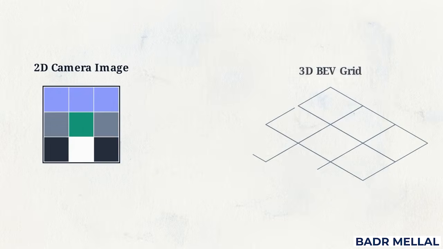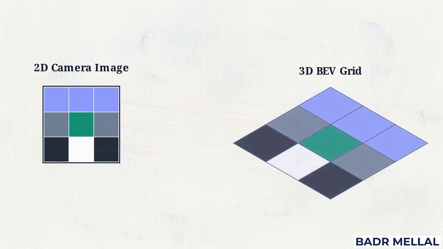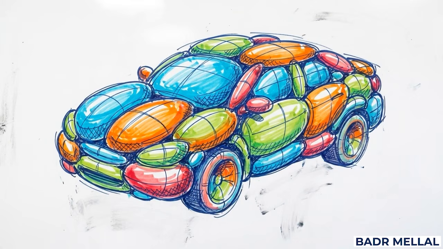Here, the architecture establishes an empty 3D grid first, then casts rays backward to pull relevant features from the 2D image. The evolution of modern spatial perception is a direct architectural tug-of-war between these two projection methods, a conflict that has only recently been resolved by continuous spatial models that abandon rigid grids entirely.